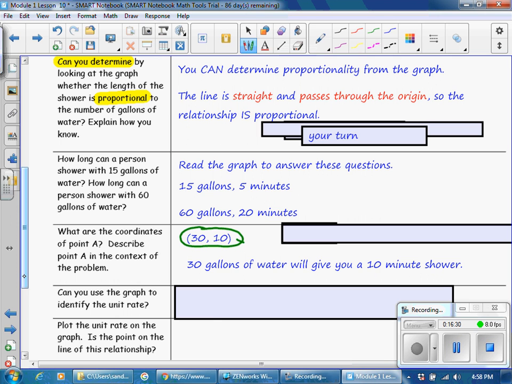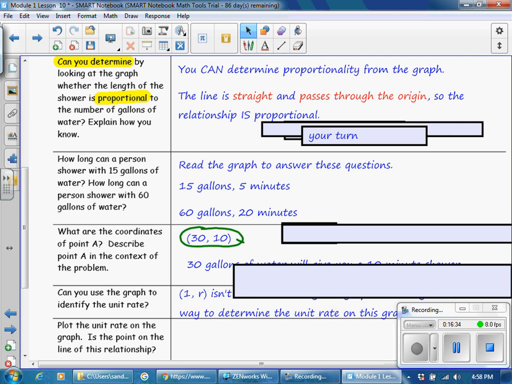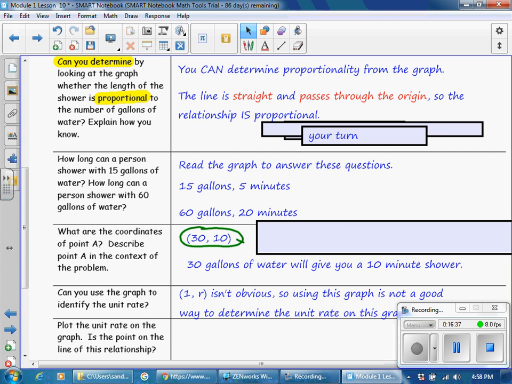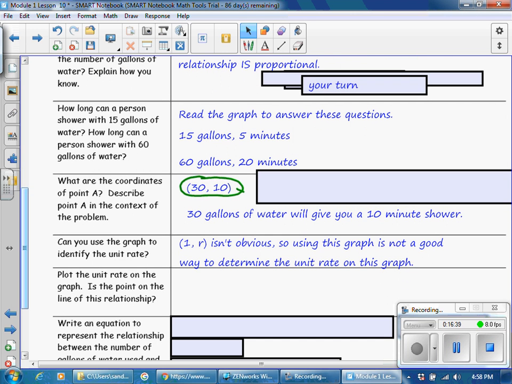So while you can identify it, it's hard to say specifically what it is on this graph. So the unit rate, the ordered pair (1, R), isn't obvious. So using this graph is not a good way to determine the unit rate.